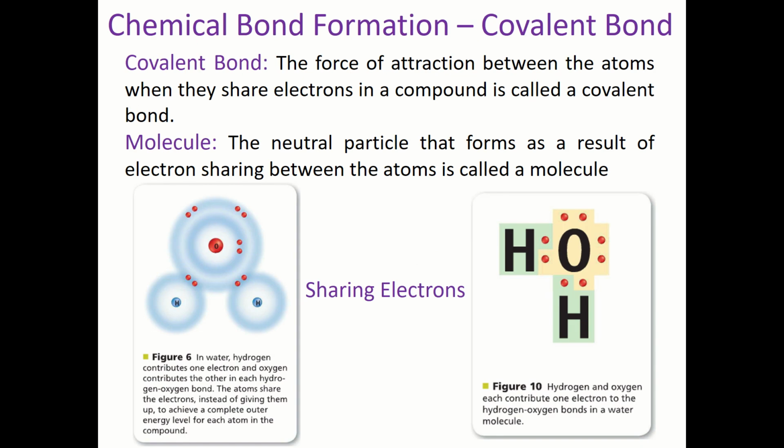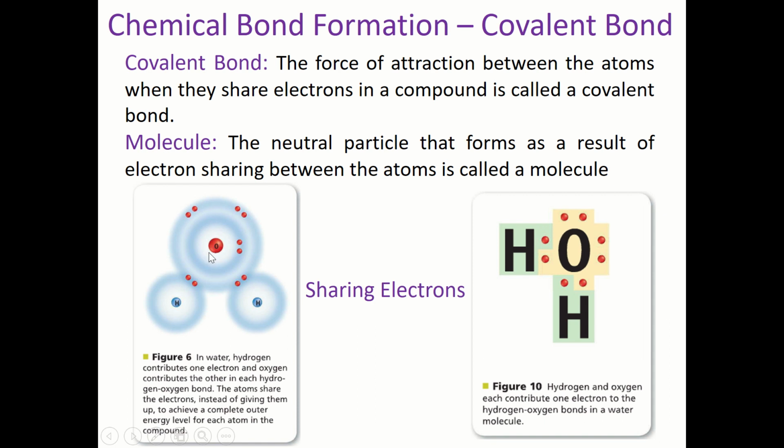Okay, now let's refresh our memory about what we learned in the last class about the covalent bond. We said that the covalent bond happens, for example, in the water molecule. The oxygen has 6 electrons at the outermost orbit because it belongs to group number 16.